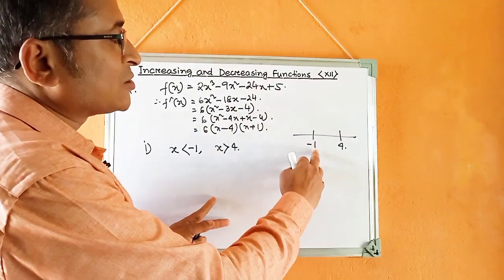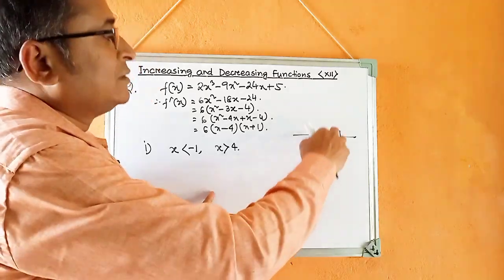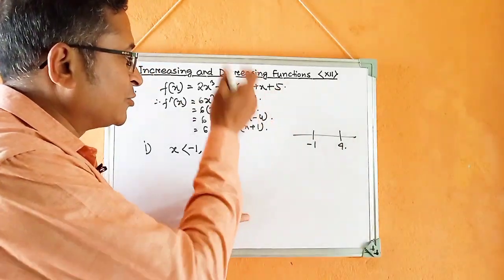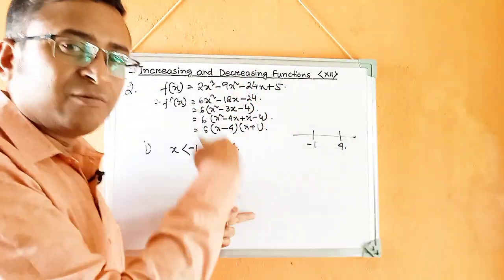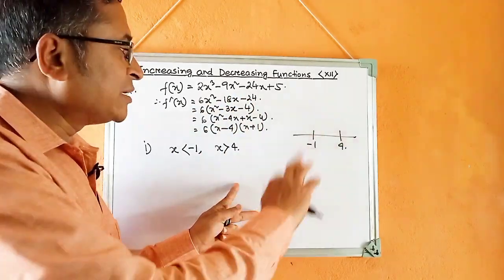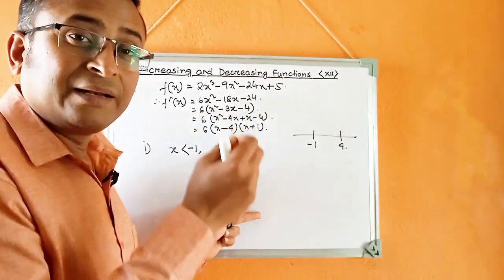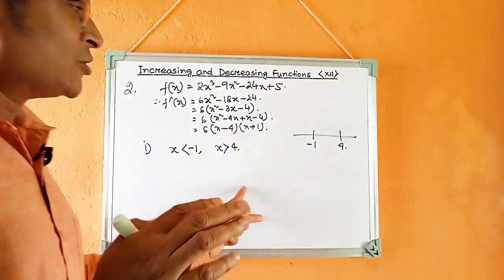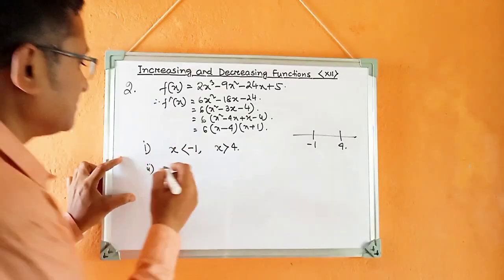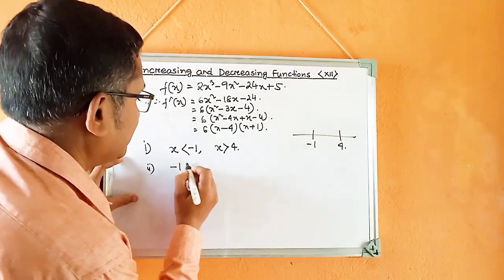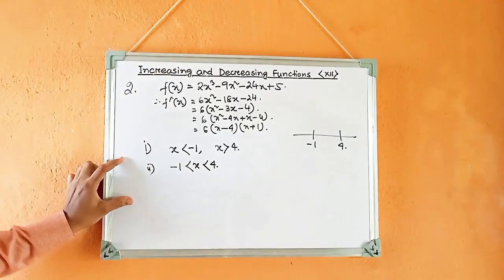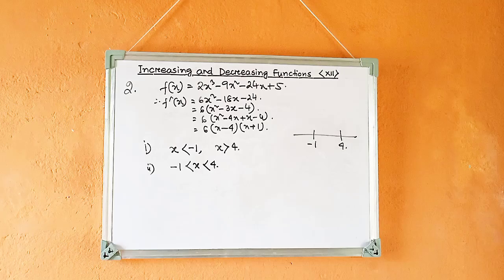Suppose you take 1, 2, 3, just put it in and check whether the value is negative or positive. So number 2, this is the range of the decreasing function: minus 1 less than x less than 4, the strictly decreasing function.